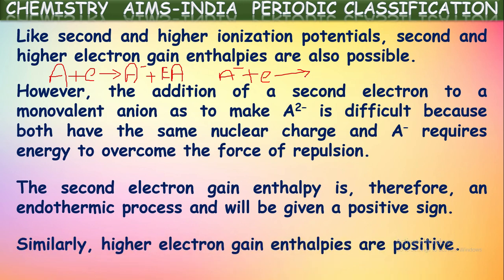Not only second enthalpy, similarly, higher electron gain enthalpies are also positive, meaning those are also endothermic processes. Right? Only first electron gain enthalpy is negative, that means it is exothermic, it releases energy. In all the remaining higher electron affinities, energy is absorbed instead of released.